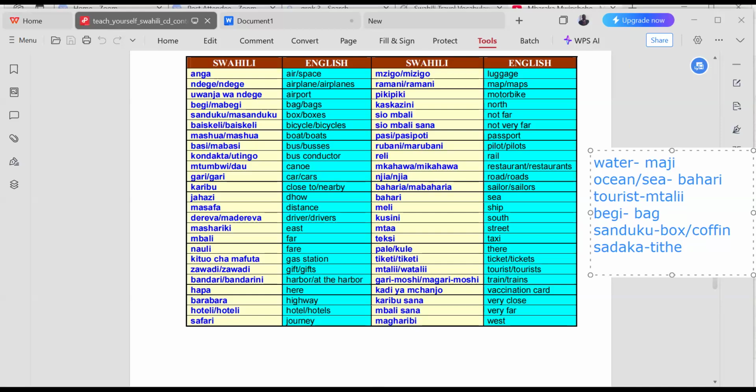Barabara. Doesn't it mean fast? No, barabara is road. As it's road, it can also be used to mean smoothly.